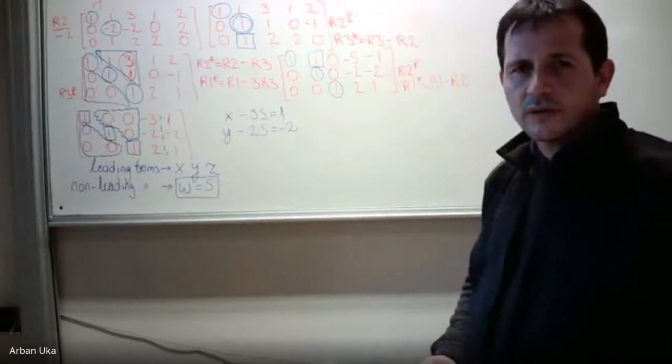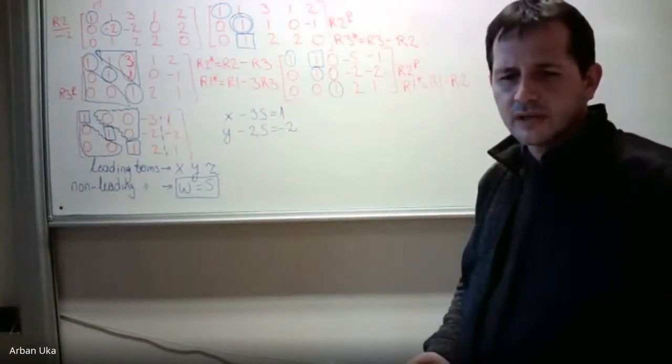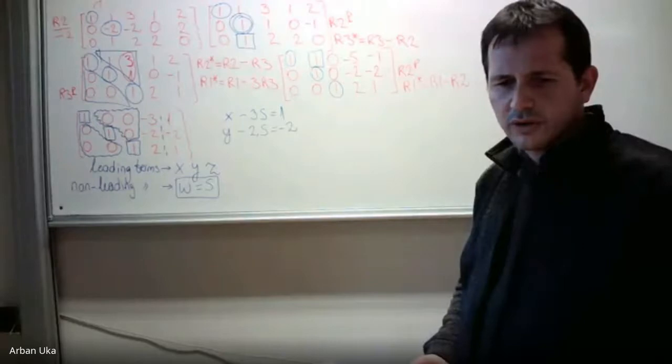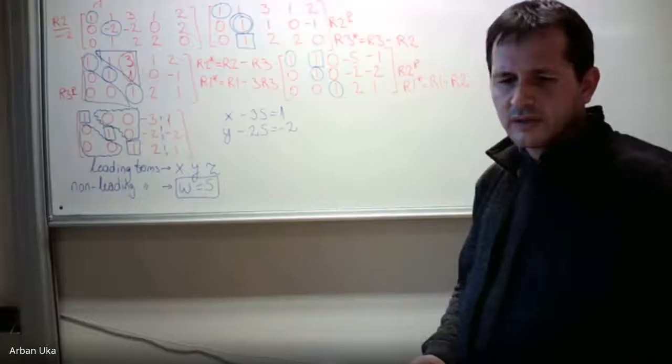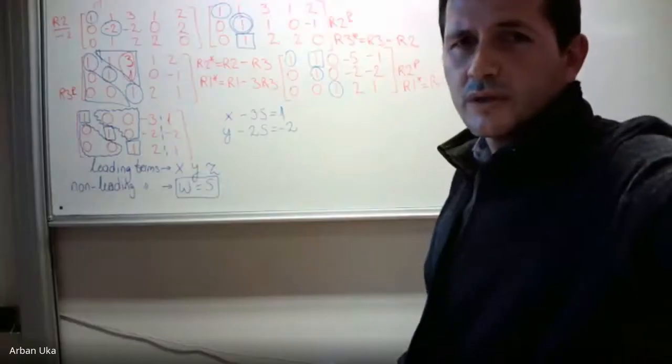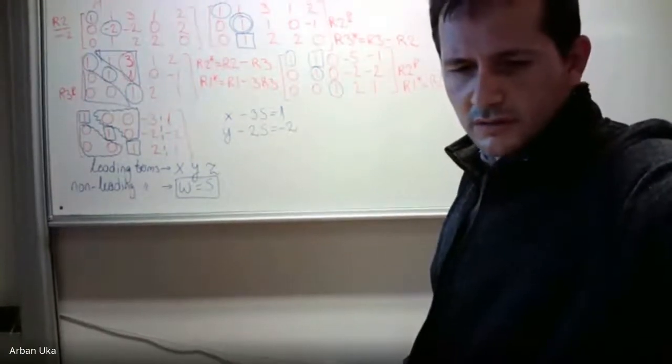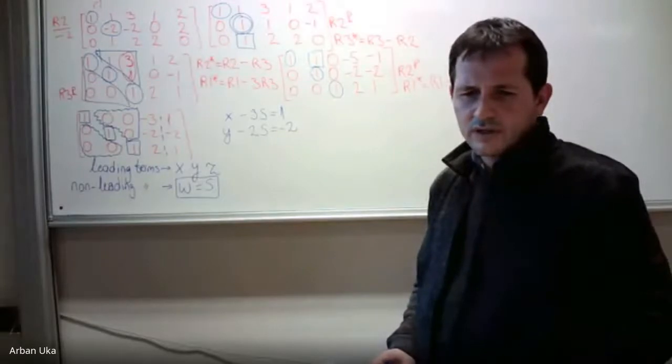Professor, I'm sorry for the interruption, but can you fix the camera because we cannot see the board very clearly? Is it a problem with everyone or only you? I have the problem too, but I think it's a connection problem. I can see it clear.